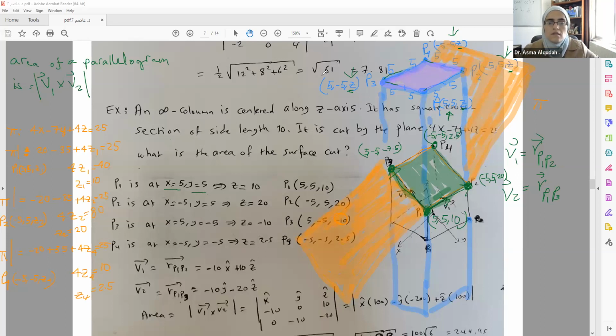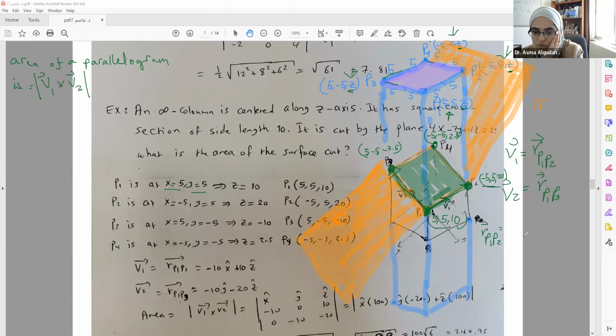Now the coordinates of all the 4 points are known. The next step is to form the distance vectors R P1 P2 and R P1 P3. R P1 P2 is equal to what? This is P2 and this is P1.